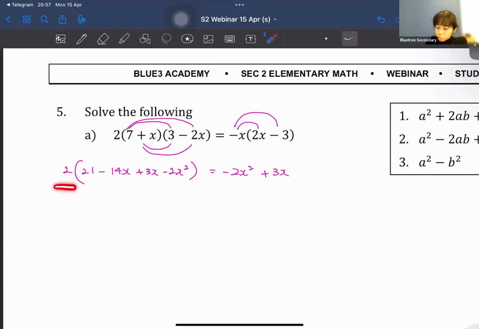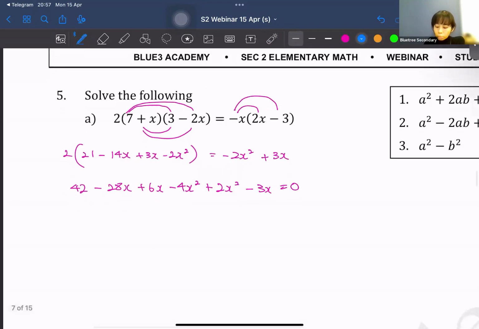I'm going to further expand out the left-hand side, and I'm going to concurrently move all my terms from the right to the left so that I make my right-hand side equal to 0. Combine all your like terms together.